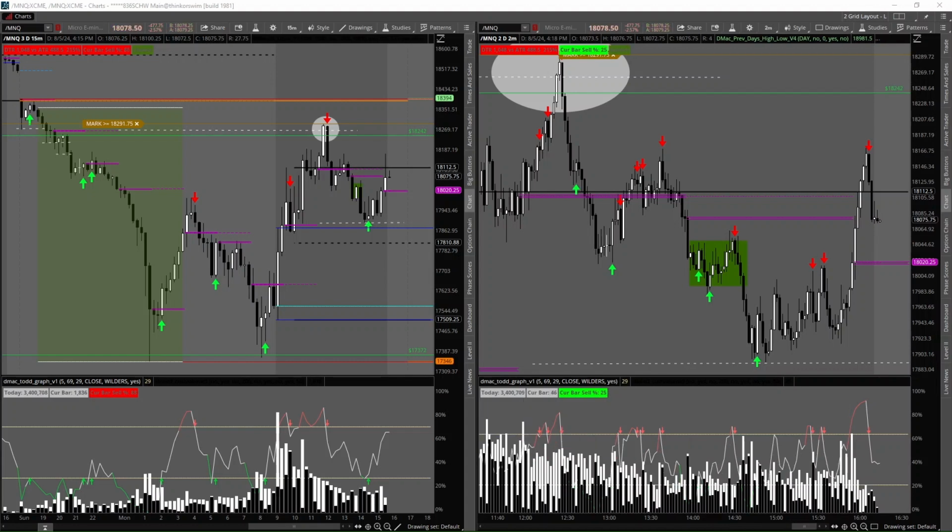Therefore, I typically look to trade elements of the chart that are based on actual printed prices and actual printed volume. So let's get to it.